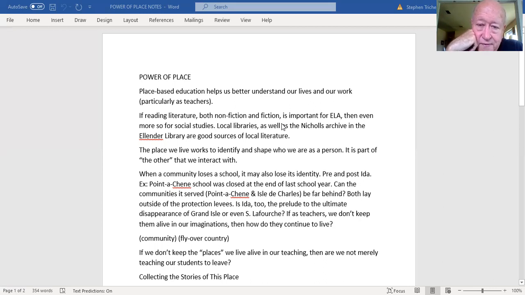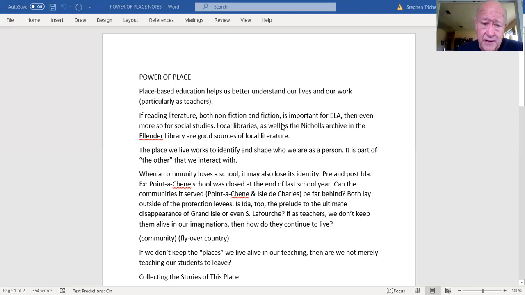Local libraries, as well as the Nicholls Archive in the Ellender Library, are very good sources for local literature. One of the things you can do is go to the local parish library. We have one of the best local library systems in the country, thanks to some very foresighted people and some politicians.